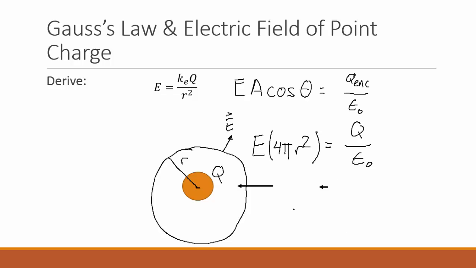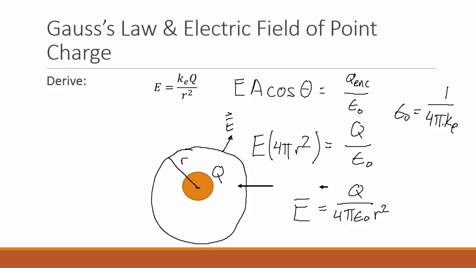So if I solve for the electric field, I get the electric field is Q over 4 pi epsilon naught r squared. And also recall that k sub e, the electrostatic constant, is equal to 1 over 4 pi epsilon naught.